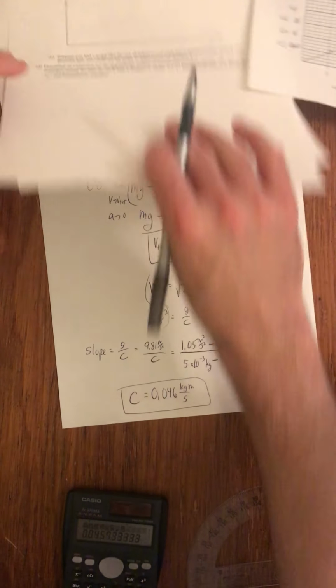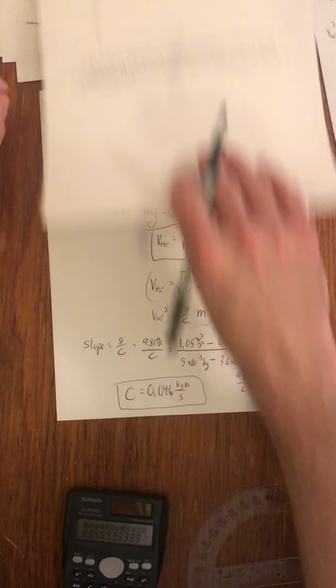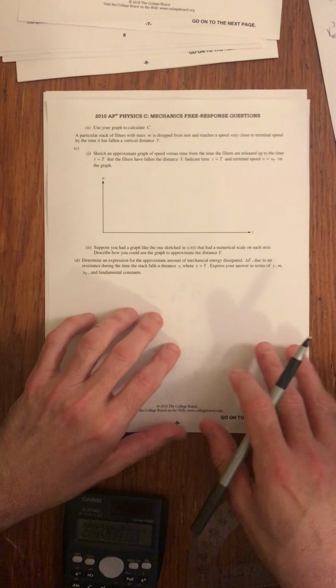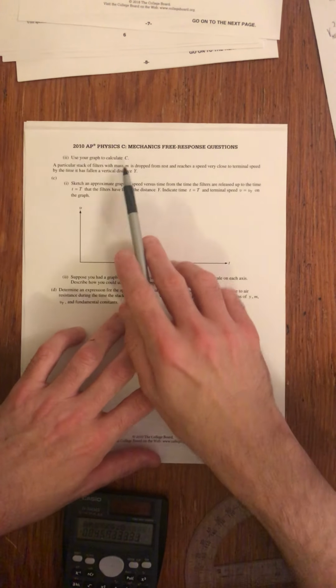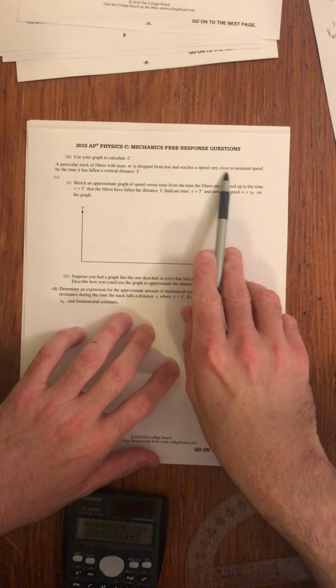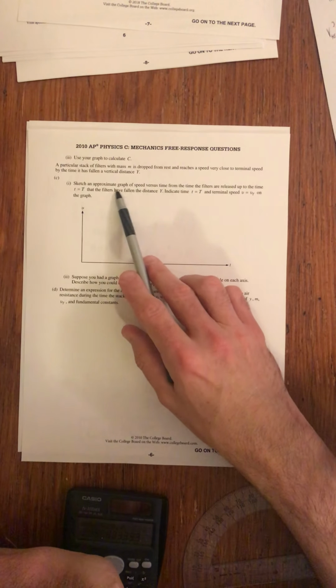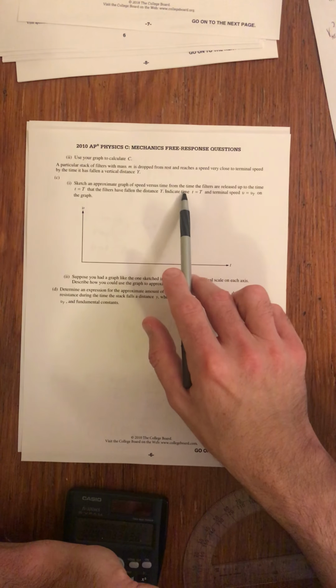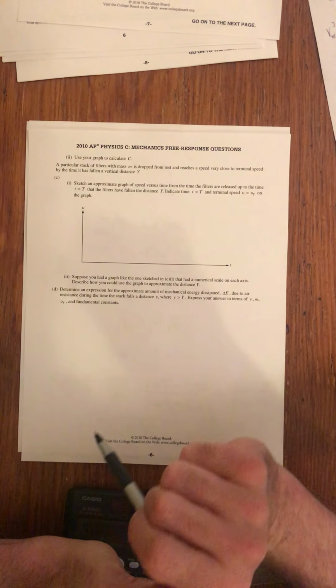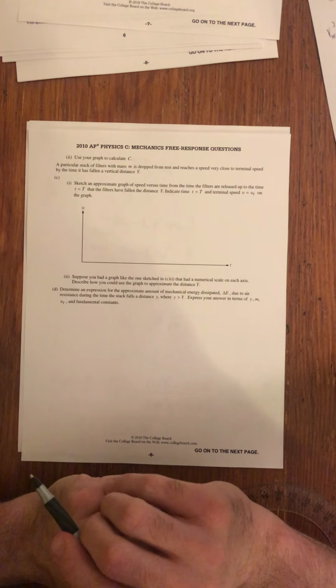Woof. Okay. So now what else do they want us to do? A particular stack of filters of mass m is dropped from rest and reaches a speed close to the terminal speed by the time it's fallen vertical distance y. Sketch an approximate graph of speed versus time. Oh, they're just seeing if you know what this graph looks like.